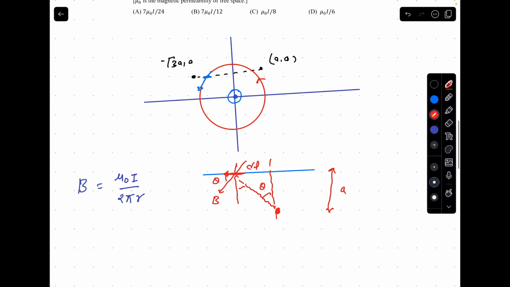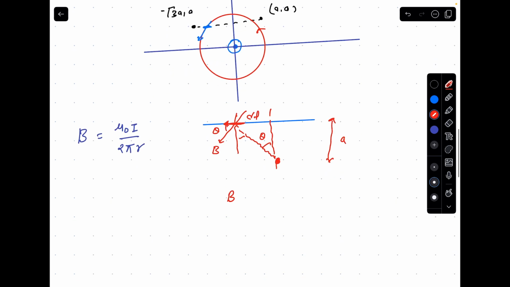So if we want to calculate B dot dl, it will be B dl cos theta. Now B is mu naught I divided by 2 pi r, and dl is dl, multiplied by cos theta.